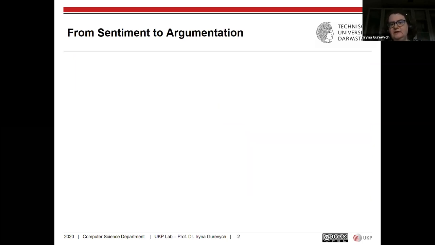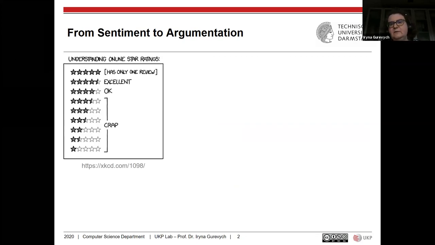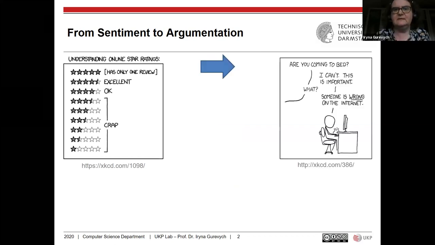So first, let us define argumentation and relate it to something that many of us are familiar with, sentiment and opinion. The latter is about analyzing people's sentiments towards a topic, and the former is about convincing someone of a specific viewpoint, as you can see in this image.